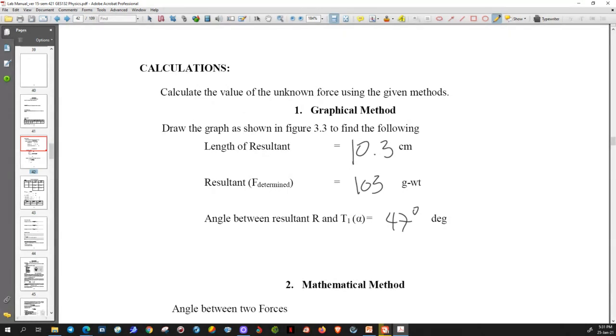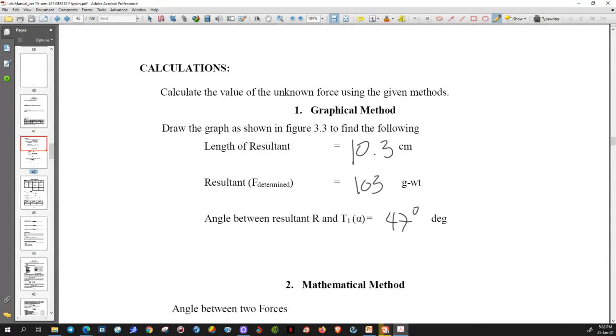You will get the same result. So it will be correct. Yes, but your alpha will be confusing, okay? How to get alpha, Shabab? You have to measure the angle between T1 and the resultant, okay? Again, if you cannot get it, the video will be available in the link in YouTube, and also it will be available in Blackboard, okay?